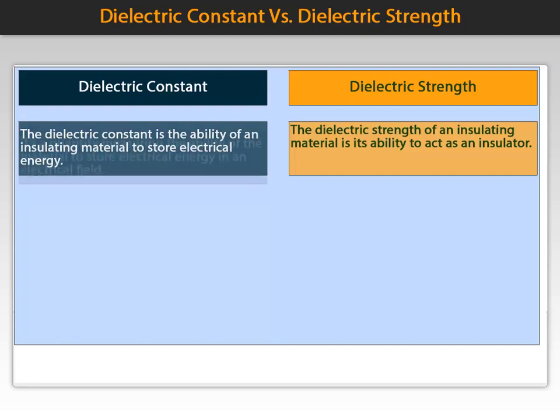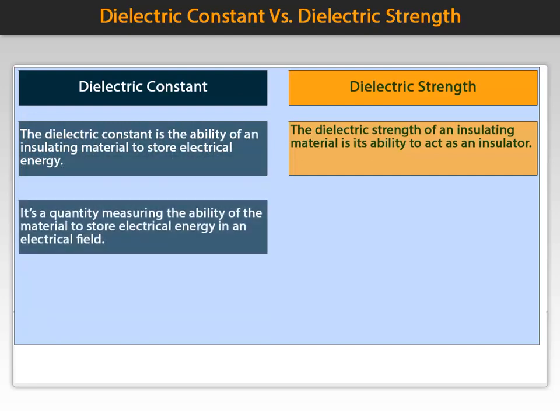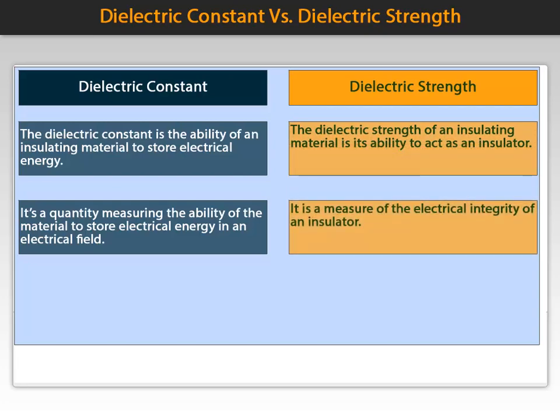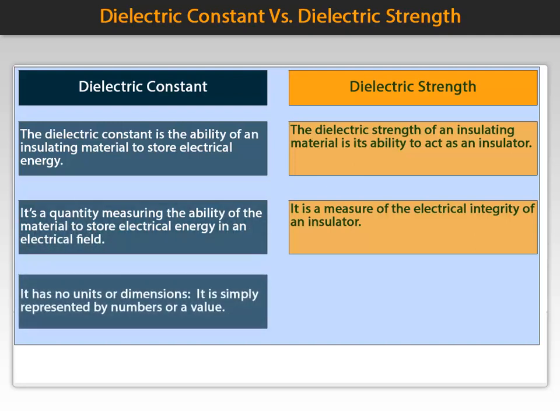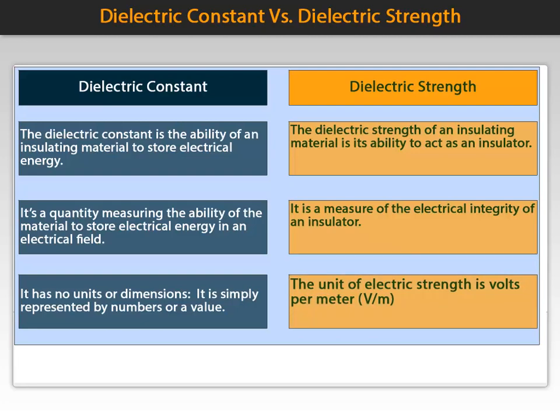Dielectric constant is a quantity measuring the ability of the material to store electrical energy in an electrical field, while dielectric strength is a measure of the electrical integrity of an insulator. Finally, dielectric constant has no units or dimension. It is simply represented by the numbers or value. Dielectric strength is a unit of the electric strength and is defined as volts per meter, or V over M.